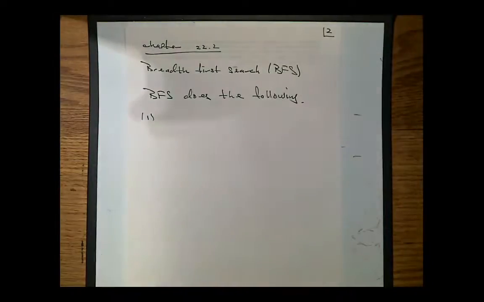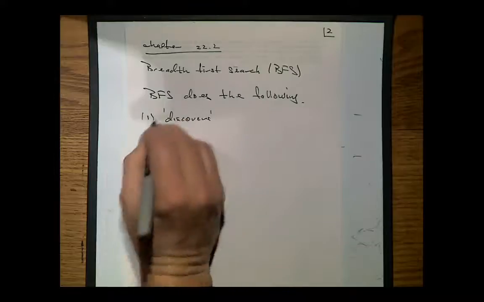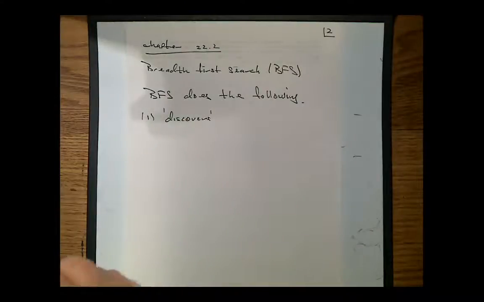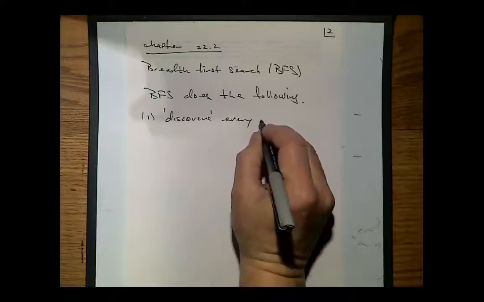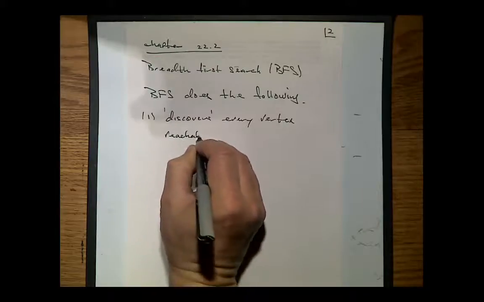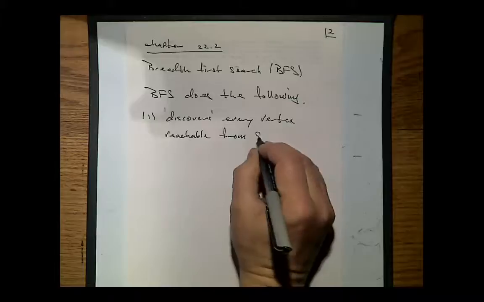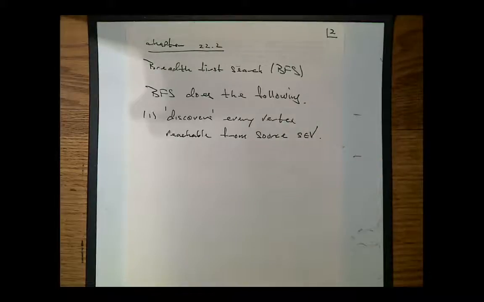First of all, 1, it systematically discovers, remember what the single source shortest paths problem is, given a graph and a source vertex, it discovers every vertex reachable from the source. The source vertex S in V. That's part of the input to the algorithm and input to the single source shortest paths problem.